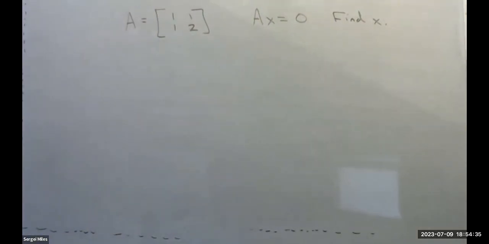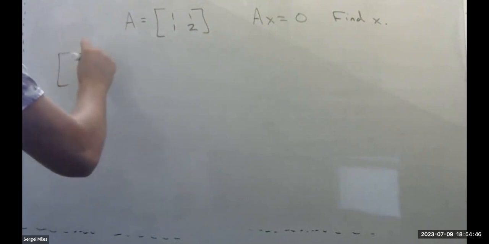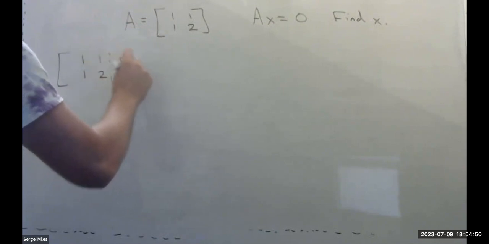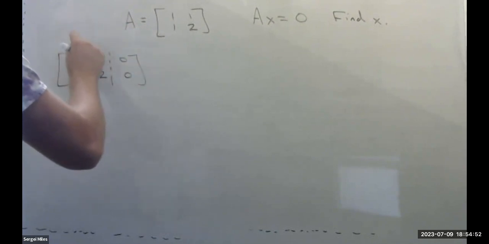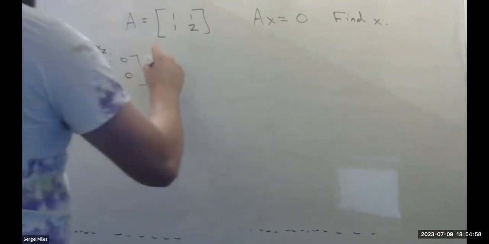Find X, the X vector. Okay, well, again, we know matrix equations can be rewritten as an augmented matrix. So we have 1, 1, 1, 2. We augment with the 0 column. First column corresponds with x1, second column corresponds with x2, and we row reduce.